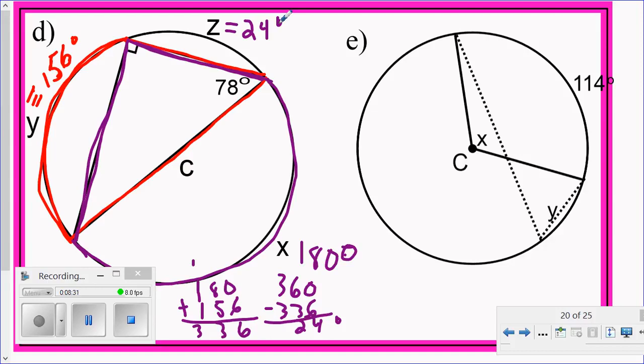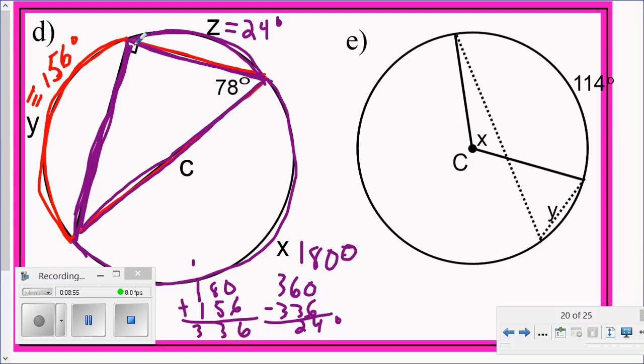The other way we could get Z is by using the inscribed angle. This one that's created here with this purple side, and it was red, but I'm about to make it purple. So that angle right there creates that intercepted arc right there.